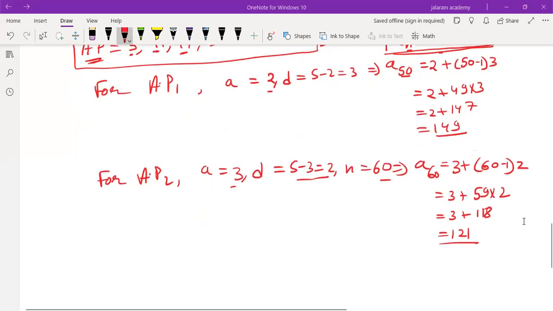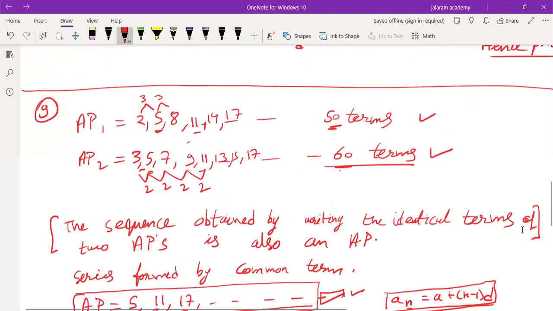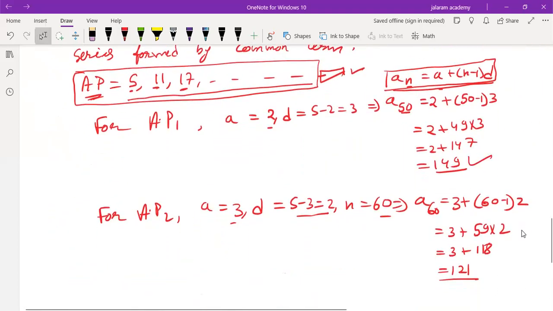Clearly it concludes that the last term of the AP formed by the identical terms of AP1 and AP2 is less than 149 as well as less than 121, means they cannot exceed 149. But now when we write they cannot exceed 121, means they cannot exceed 121 only.